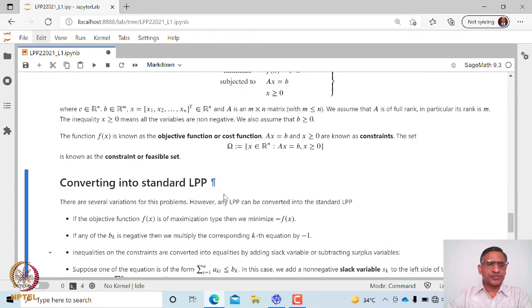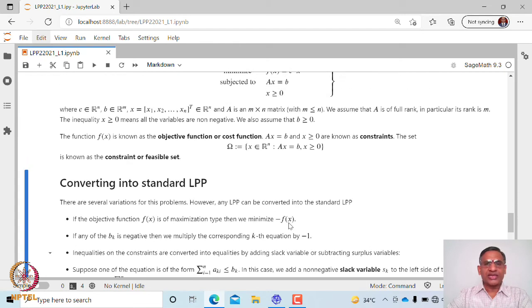The first is that the objective function could be of maximization type. If it is minimization type, fine. But if it is maximization type, you can minimize minus of the objective function, right? Because maximization of f is the same as minimization of minus f and vice versa. Therefore, if the objective function is of maximization type, then you minimize minus f.